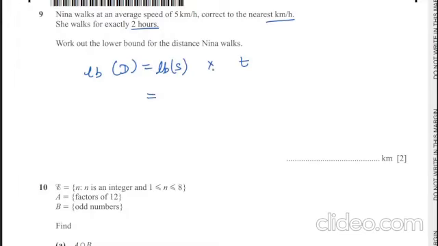It is not nearest to some value, so time will remain as it is. We have to find the lower bound of 5 kilometer, correct to nearest kilometer per hour. For that nearest whole number, we will have to subtract 0.5 from that. So 4.5 multiplied by exact 2, this is going to give 9 as the answer. 9 kilometers. Okay, next question.